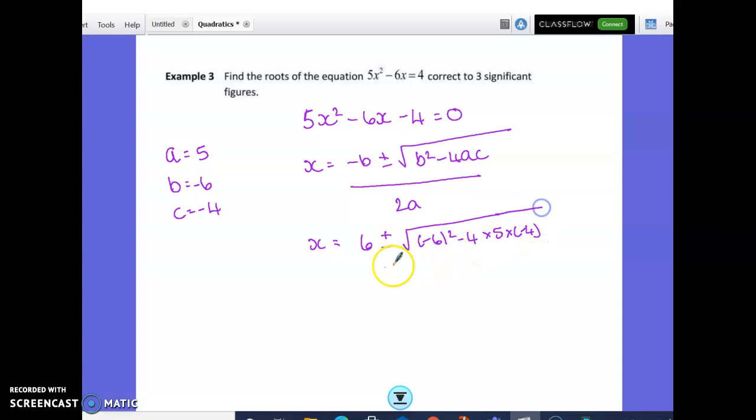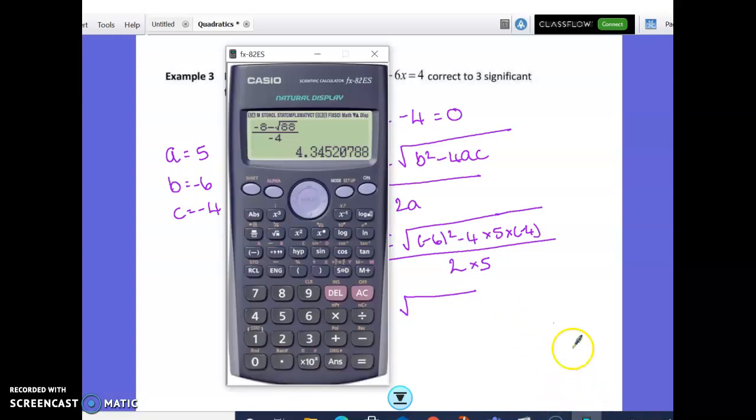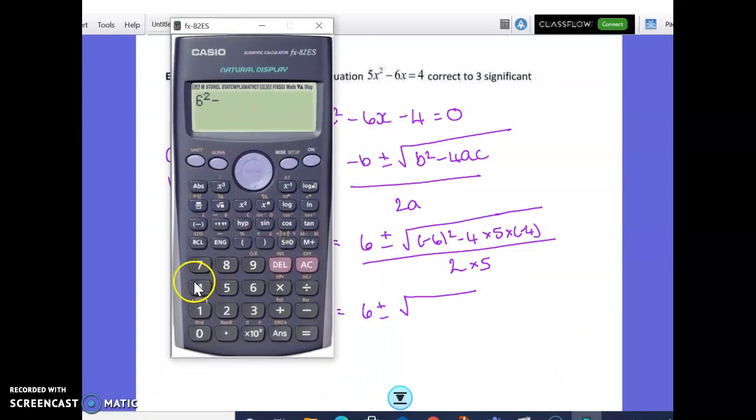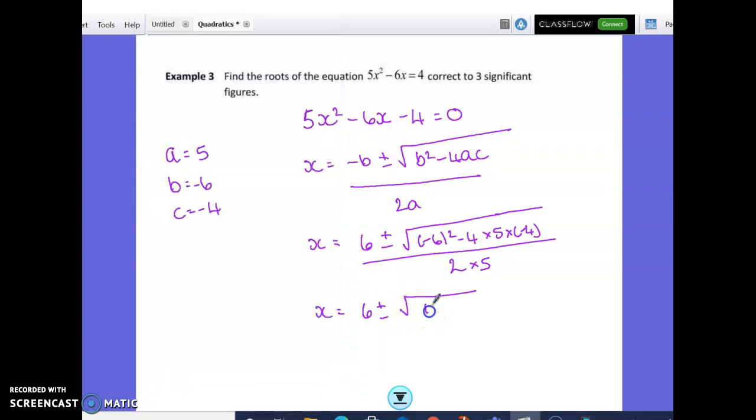Extend this line so it's covering all of it. A is 5, so 2 times 5. Tidying up then, I get 6 plus or minus the square root of minus 6 squared, which is just the same as 6 squared. If you square a negative, it comes out positive. Minus 4 times 5 times minus 4, 116. All over 10.